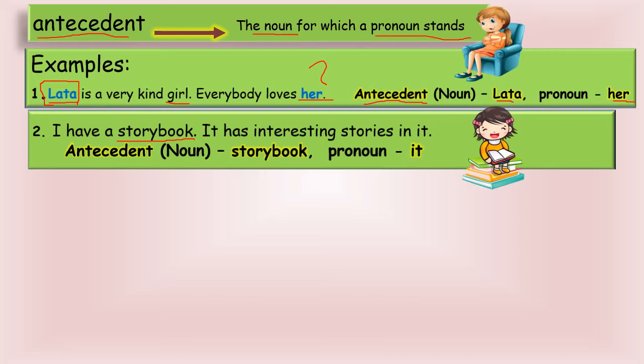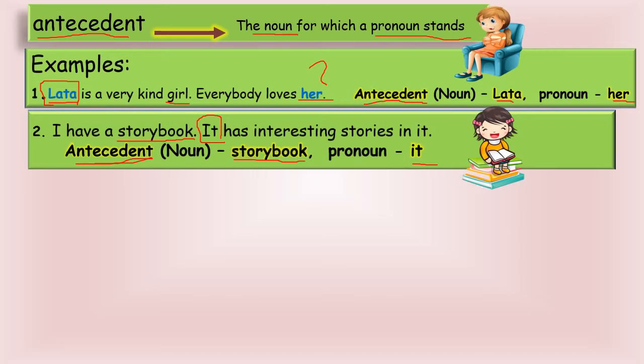So this it is used for storybook. So storybook will be the antecedent, and the pronoun we have used for that noun storybook is it. Clear? So now I believe antecedent is clear to you.